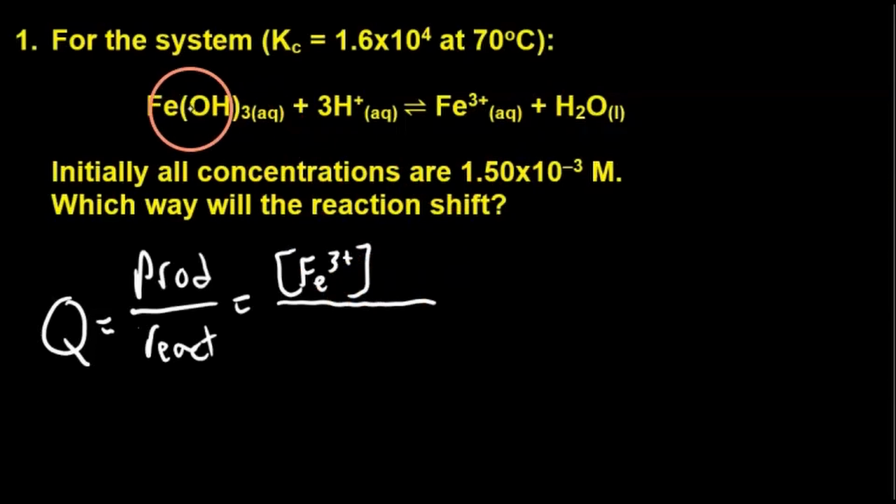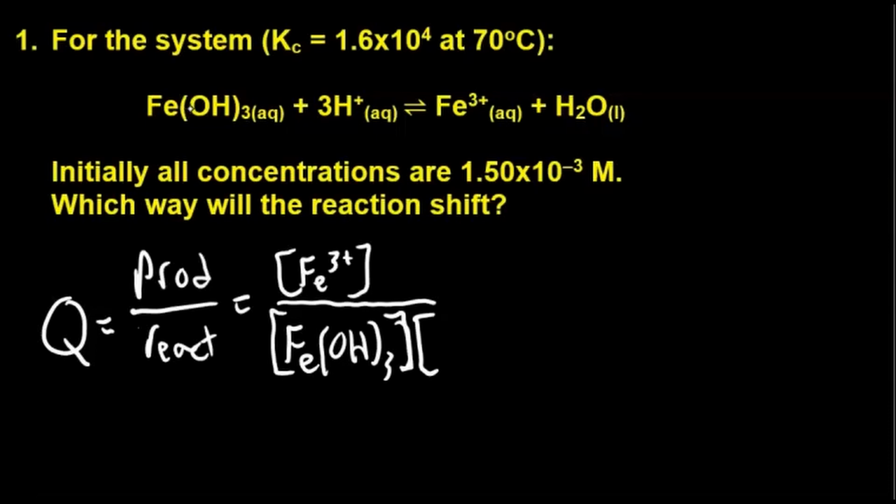Over the reactants, so the concentration of FeOH3, and the concentration of H plus. Now there's a 3 here, so we have to take this to the power of 3, just like this. So this is products over reactants, and now we'll plug in the concentrations for all of them.